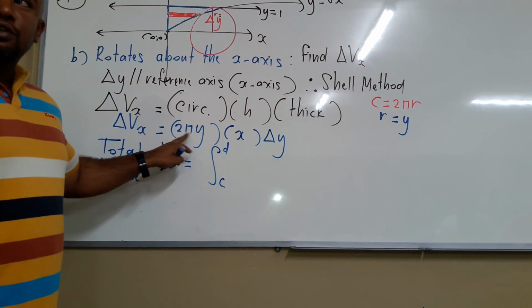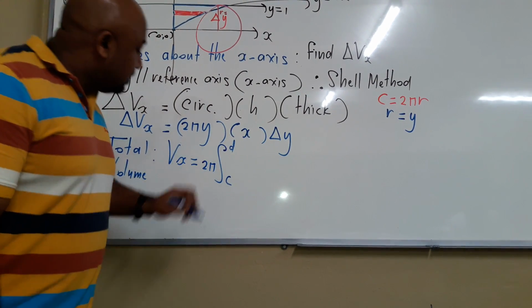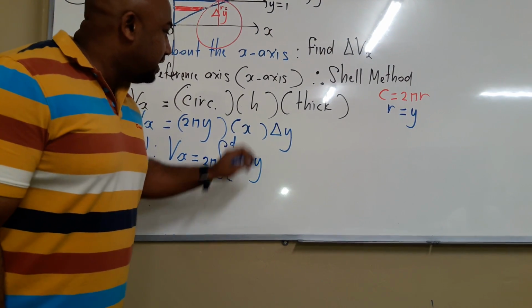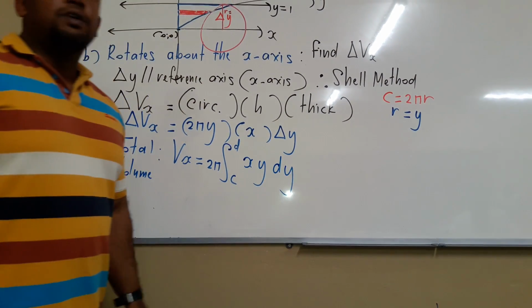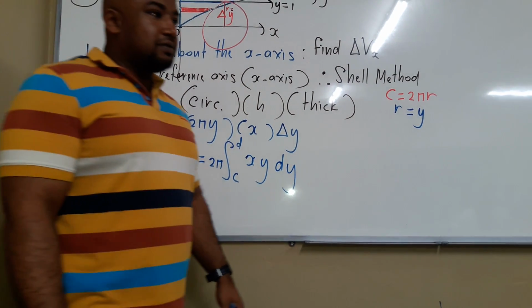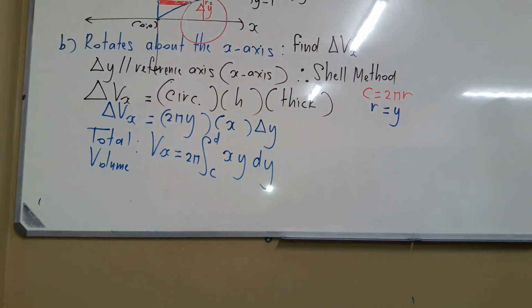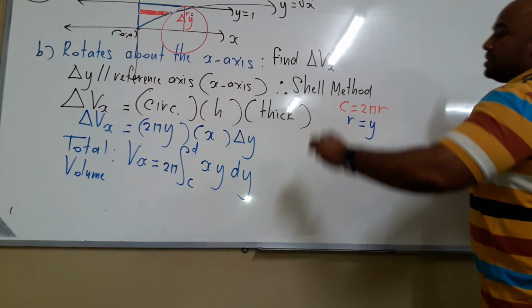Your constant 2 pi, you write it in front, there's your 2 pi, your variables, so that will be x multiplied by y. Delta y means we are integrating with respect to y. It's still delta y, we integrate with respect to y. So now, let's substitute.